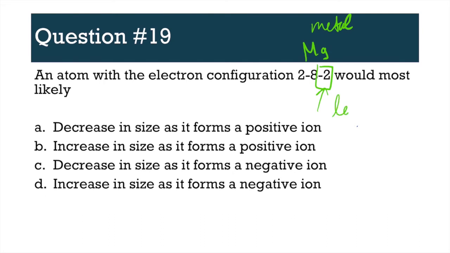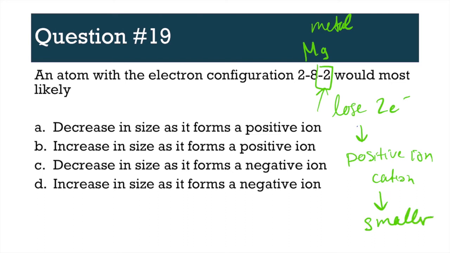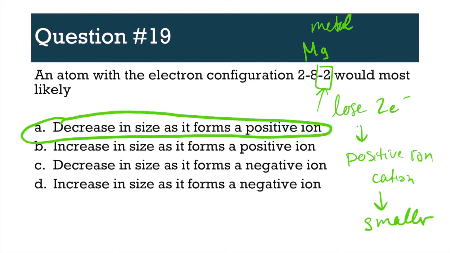The answer is to lose 2 electrons. If you lose electrons, you form a positive ion called a cation, and if you've lost an electron shell, you become smaller. So the answer that makes the most sense is A, decrease in size and form a positive ion.